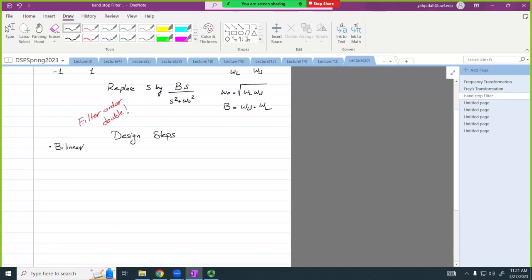Now the project that I'm going to assign is going to be mainly building all these filters and filtering some signals. You see the math is rather involved, so it's easier to do it as a project.